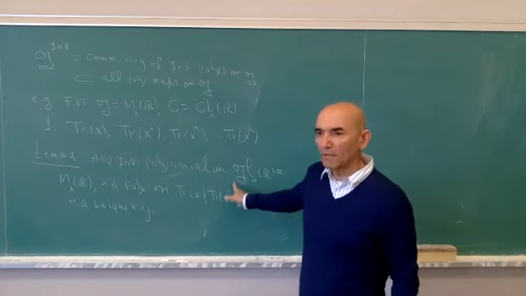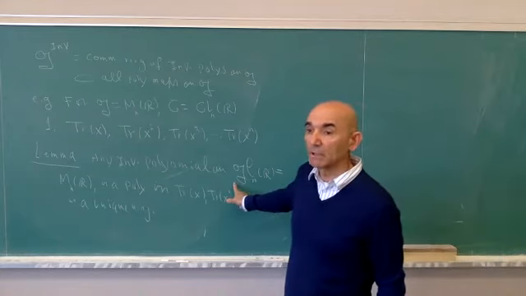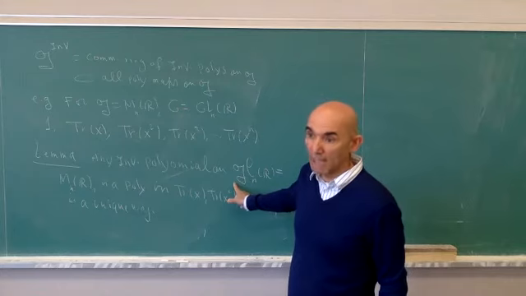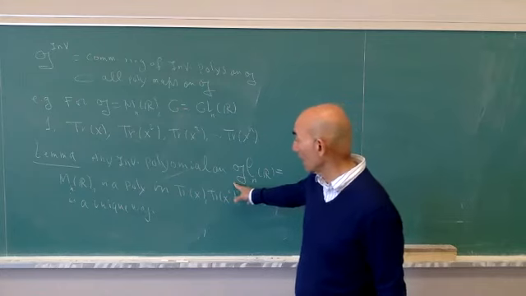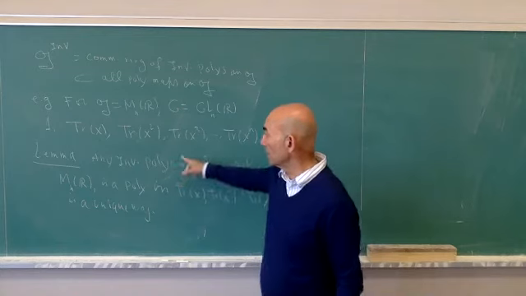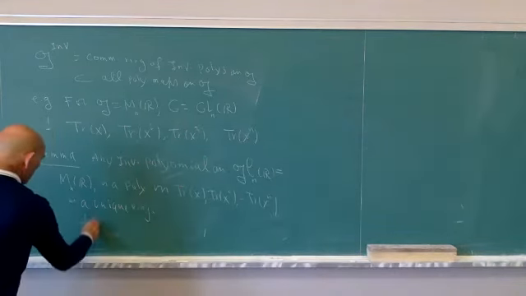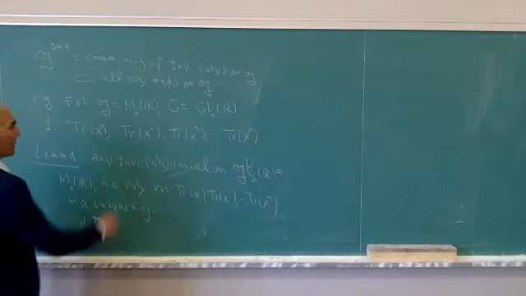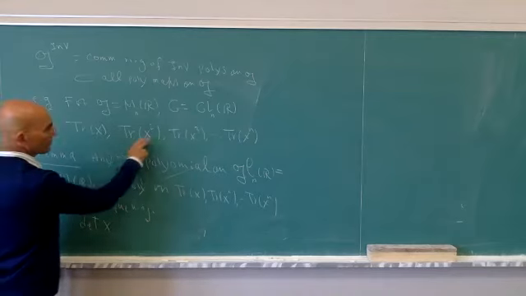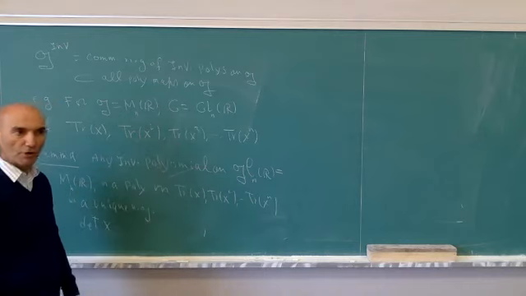But there was an answer in terms of determinant. So the claim is that determinant can also be written in terms of these things. Determinant of x can be written in terms of 1, trace of x, trace of x squared, trace of x cubed, and so forth.